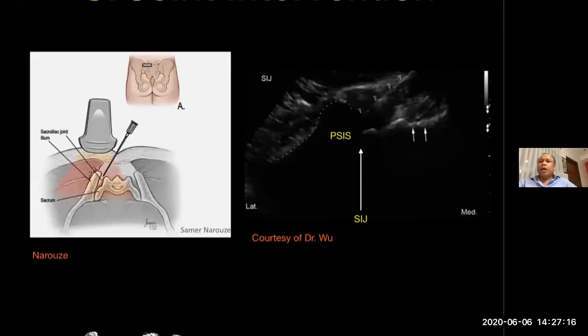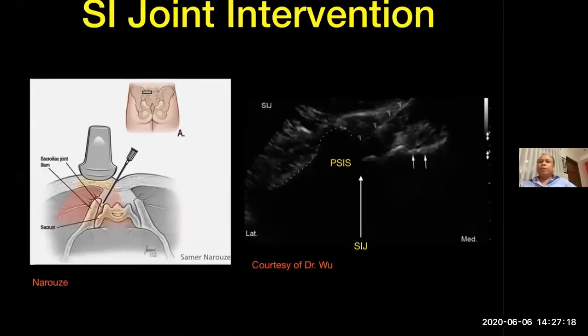Now, this is how we approach it. The angle is really very steep, so you have to make sure that your depth setting is sufficient and you can see the tip and the shaft of the needle as you approach that area, to ensure that you go to the right spot where you are trying to hit the sacroiliac joint.